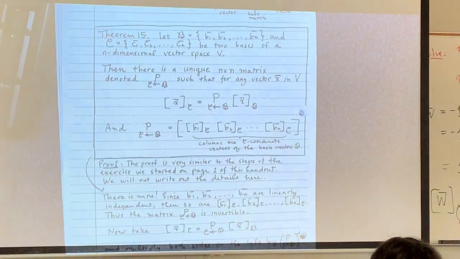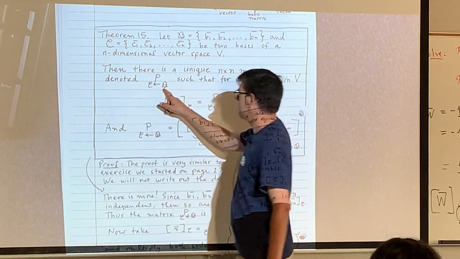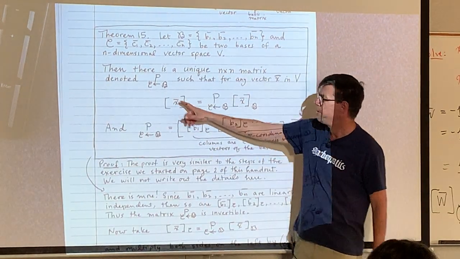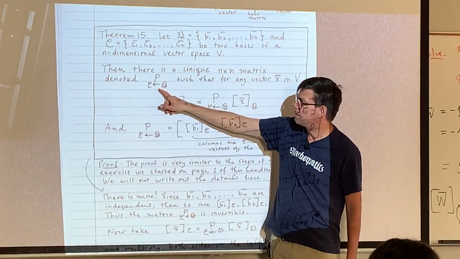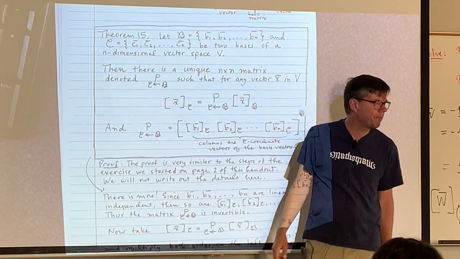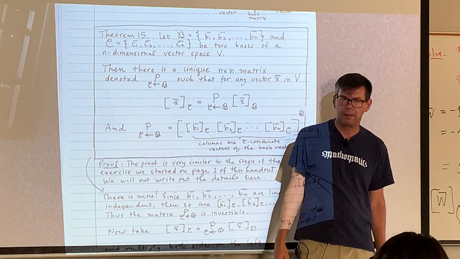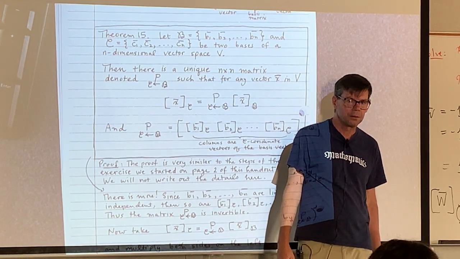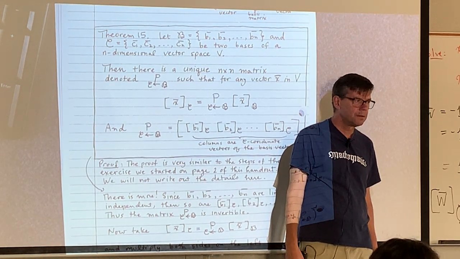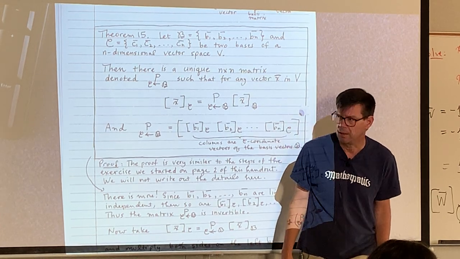What are the dimensions of the P matrix going to be? P is what by what? M by n? Anything by anything? It's always going to be square.